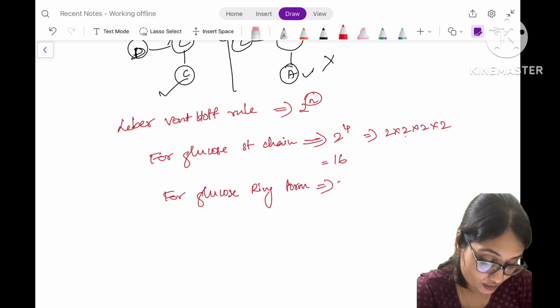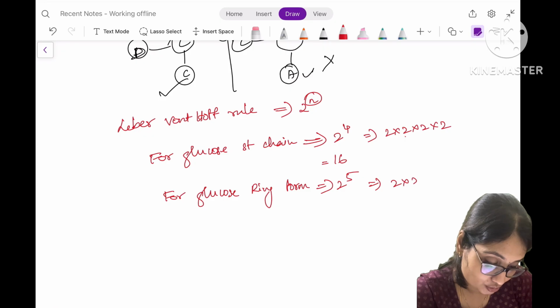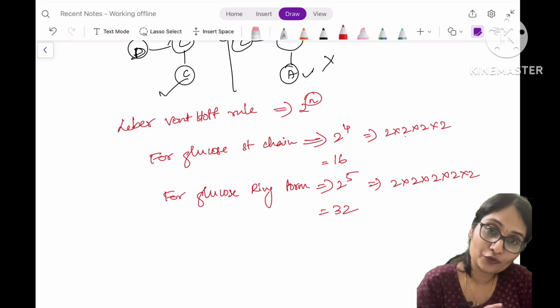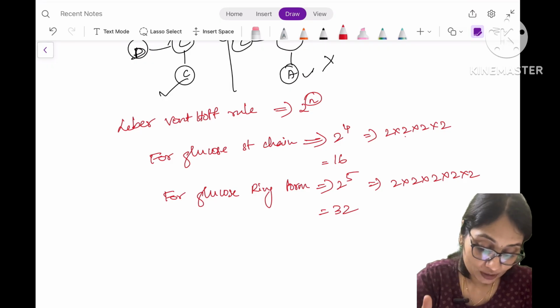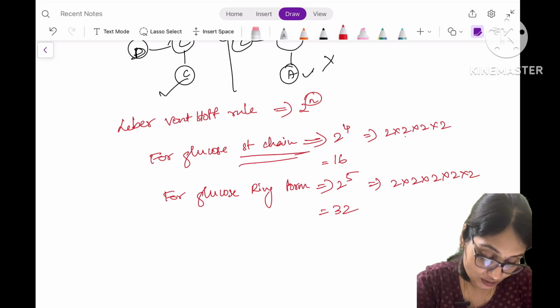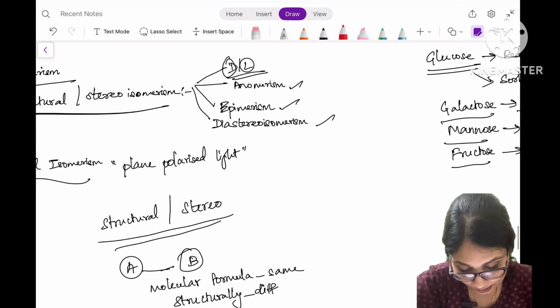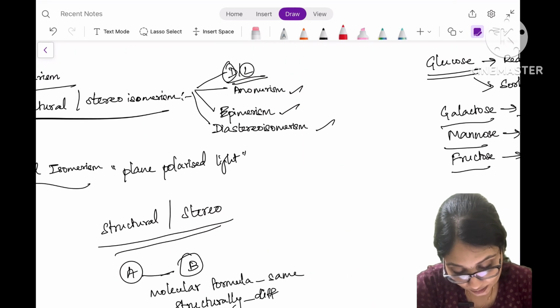It was 5. So 2 power 5 means 2 into 2 into 2 into 2 into 2, so we will get 32. These are the number of isomers available for glucose in straight chain and in ring form. Understood?